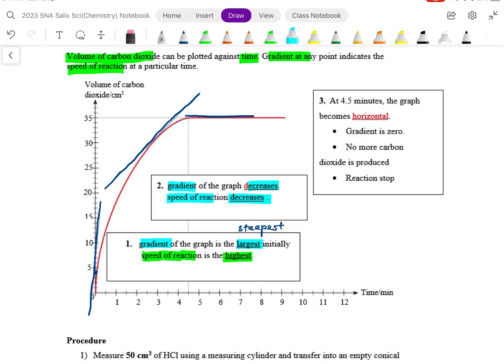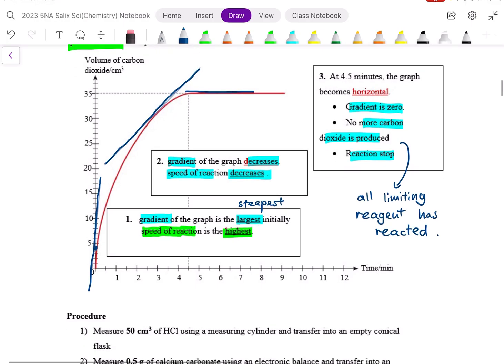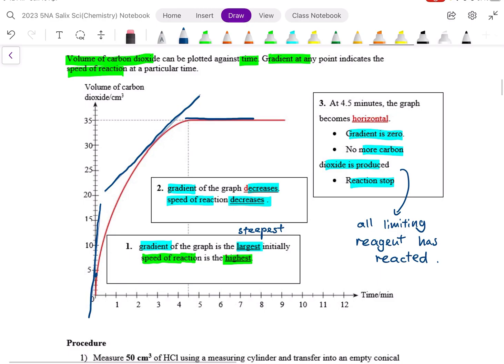Eventually the gradient is 0, so the reaction stops because you have no more carbon dioxide produced. Usually in this type of scenario it is because all the limiting reagent has reacted. Limiting reagent or limiting reactant means the same thing. All the limiting reactant has reacted, and the excess one of course is still there. You should be clear after more concept.